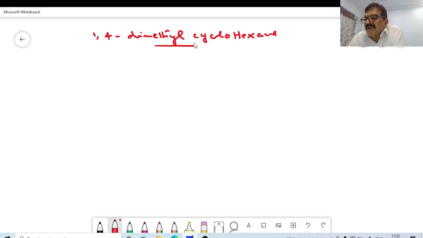In the cis conformation, one methyl group is axial and one methyl group is equatorial.